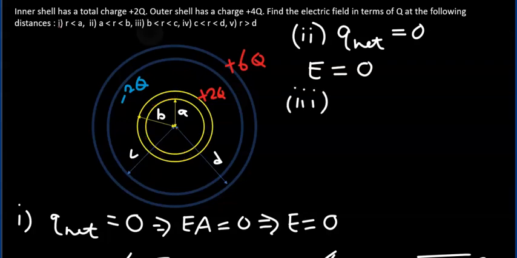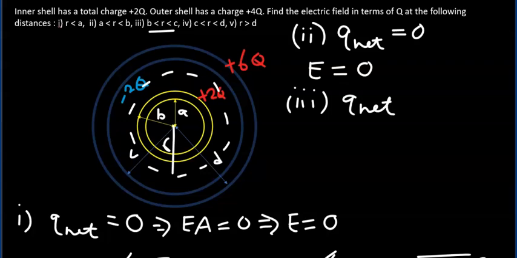Part 3, R between B and C. So R between B and C is this region right here. So let's sketch the Gaussian surface like that. And the distance is, let's say, r, somewhere there. Now let's write down Gauss's law for that Gaussian surface. The net charge enclosed by that Gaussian surface is plus 2q. That is this charge right there.